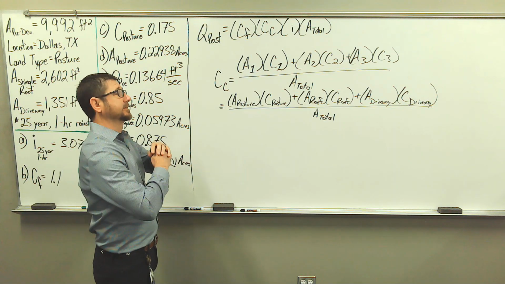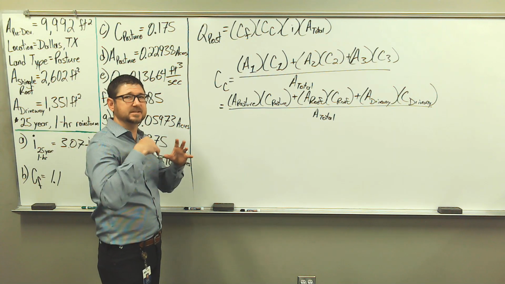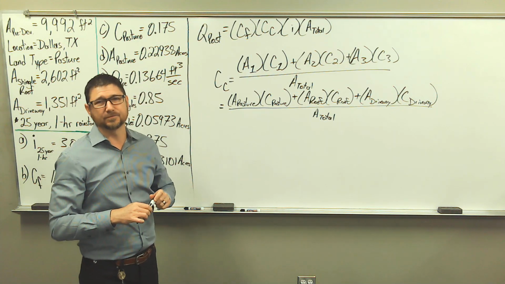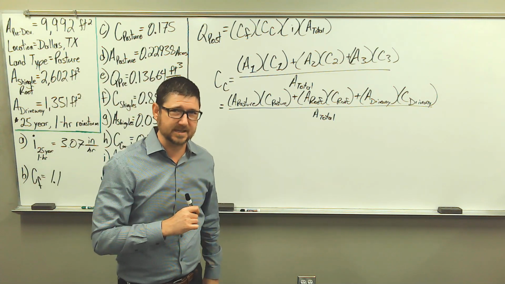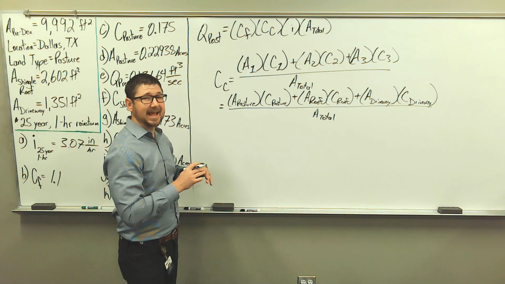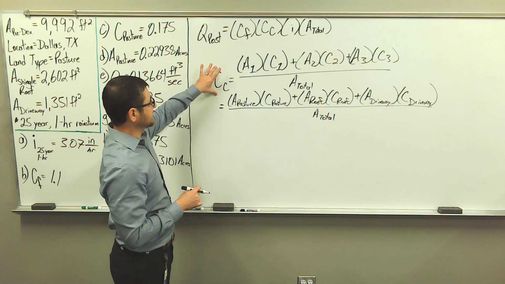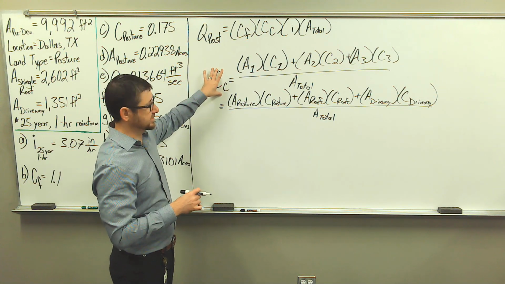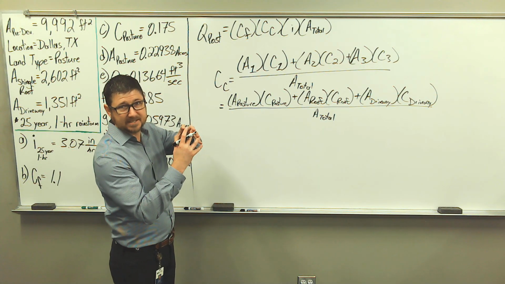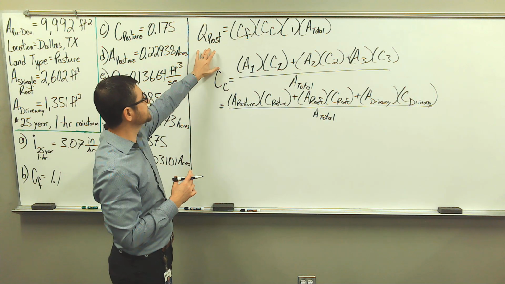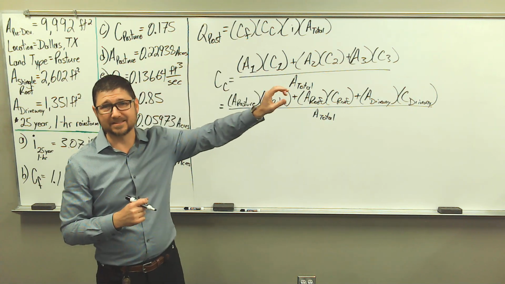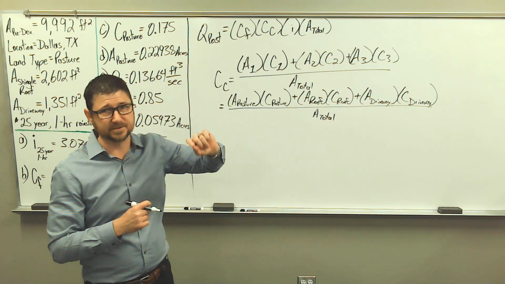But that's going to be 3 different equations, then we're going to have to add those together, and it's a very long, drawn-out process. So we are using a shortcut method by using this composite coefficient. So we're combining the areas together and then using one equation to calculate the peak runoff rate for post-development.